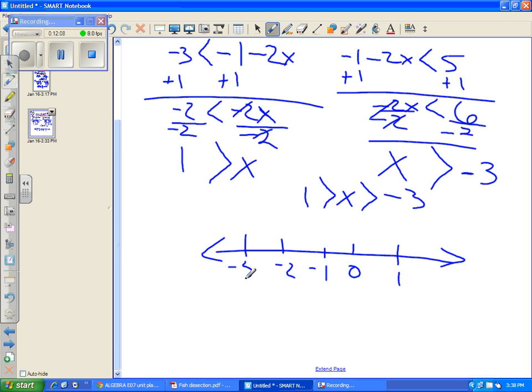Let me read it from the x sign. x is greater than negative 3, open circle. And you read it from the x, and x is less than 1, so it all goes in this direction and this direction, and it needs everything in between. Any questions?